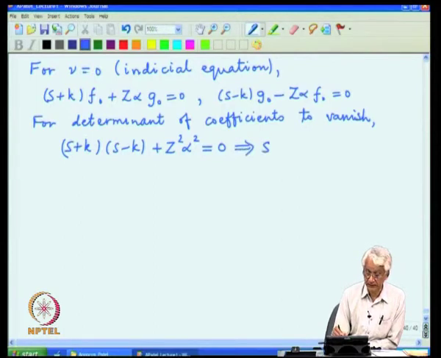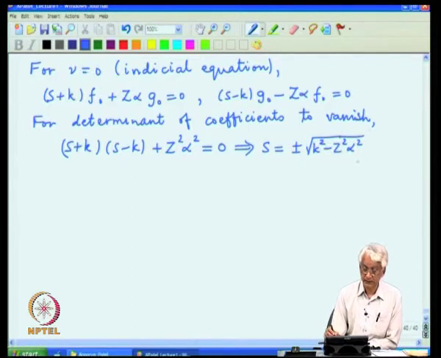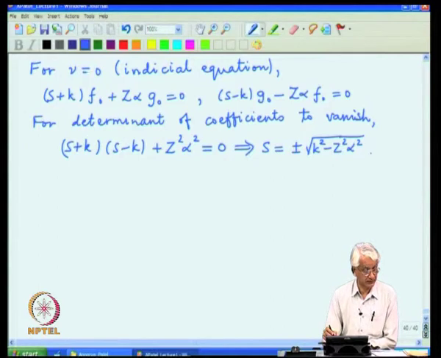And that determines the values of s as square root of k square minus z square alpha square.